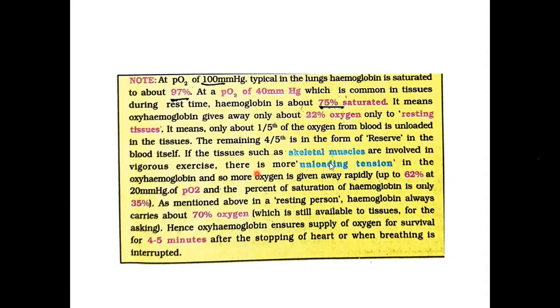But in certain tissues like skeletal muscles, which involve vigorous exercise, you need more oxygen, so the unloading tension of the oxyhemoglobin will be higher. That means more oxygen will be made available to the skeletal tissues, and almost 62% of oxygen at a pressure of 20 mm of Hg of PO2 will be given.